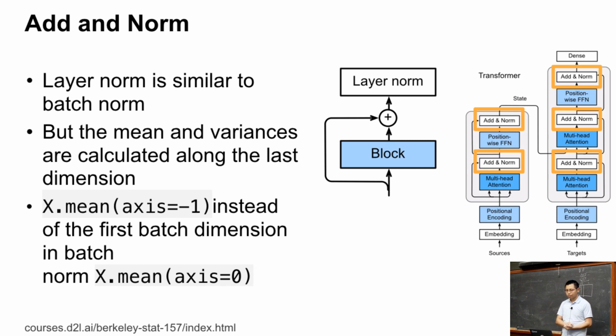The norm here, we are using something called layer norm. It's very similar to the batch norm we have. In the batch norm, we compute the mean and the variance for each pixel across the batch size. But in the layer norm, we just compute along the feature dimension. So for example, if x is the input, in batch norm we compute the mean of x, which is across the examples. But in layer norm, we just compute the mean and the variance along the last dimension, which is the feature dimension.